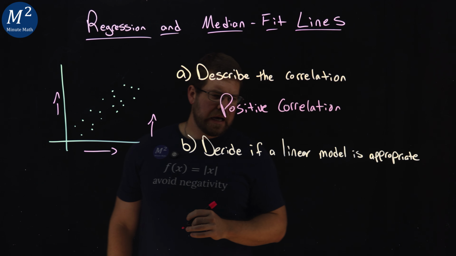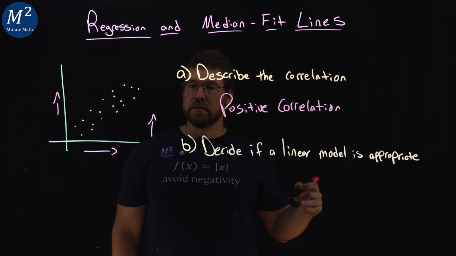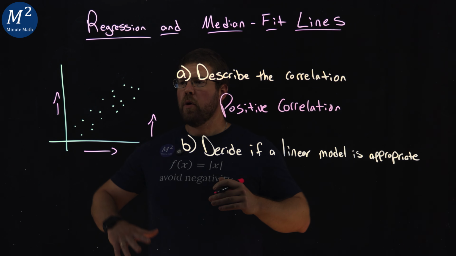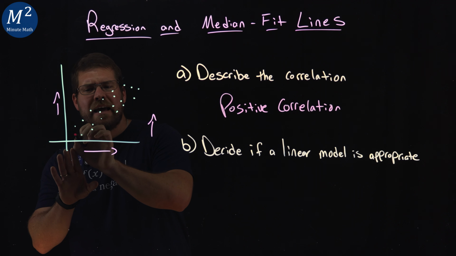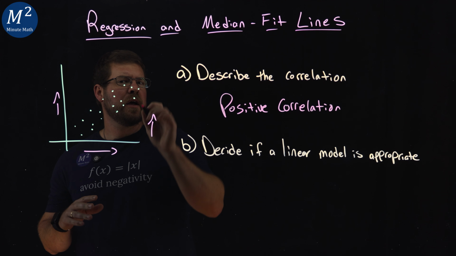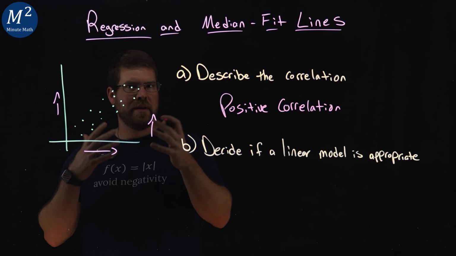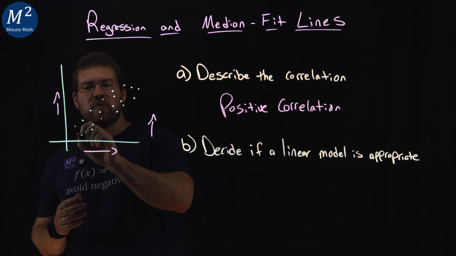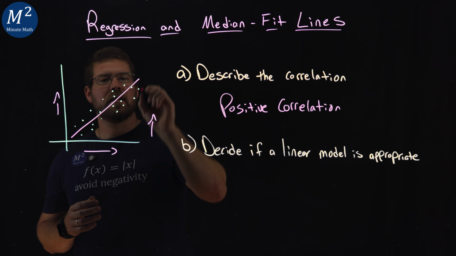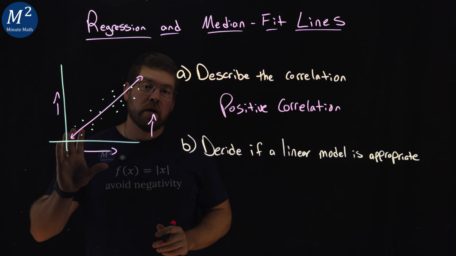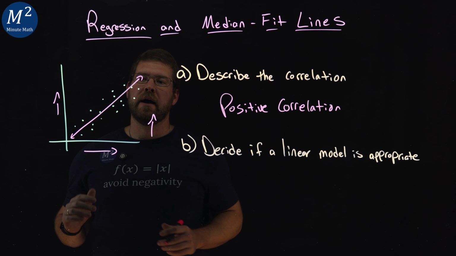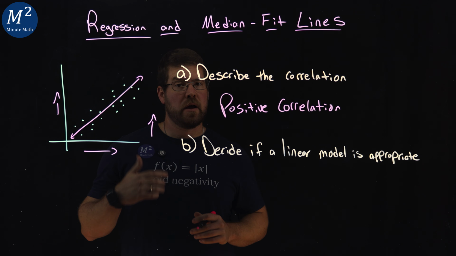Now we have to decide if a linear model is appropriate. Well, if a linear model is appropriate here for our dots, we almost can see that if we put a straight line through, it looks like it's estimating where these points are going to be. And this one does look like it. If I draw a straight line, more or less, through here, it looks like the points on our graph are following that trend, that correlation.